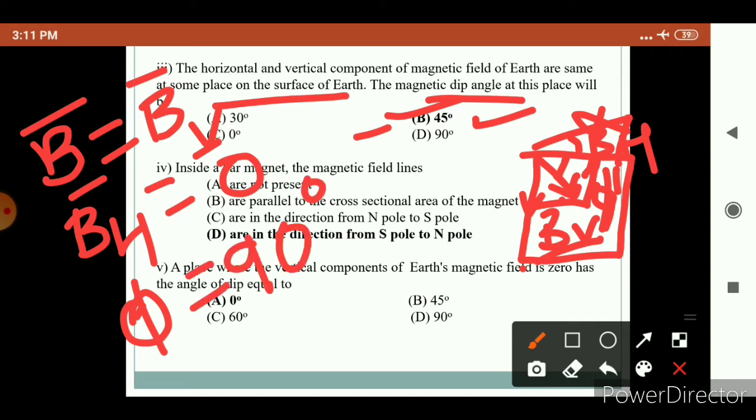This is the first case. Remember, there will be another question depending on this one also. I am not saying that this question will be there, but there will be similar questions on these special cases. So this is the first case.